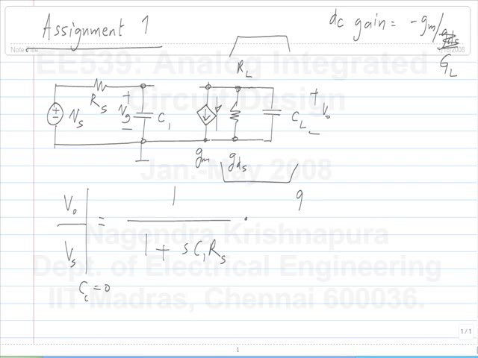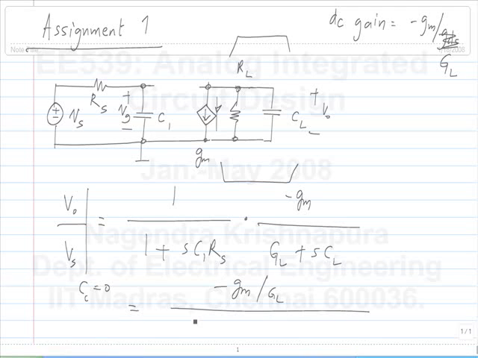Okay, so this is Gm divided by GL plus SCL, which can alternatively be written as the product of two terms, okay, and the poles can be written by inspection.